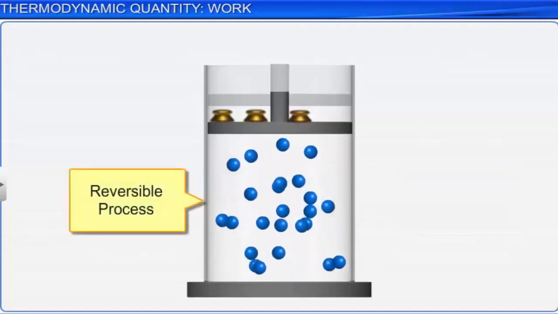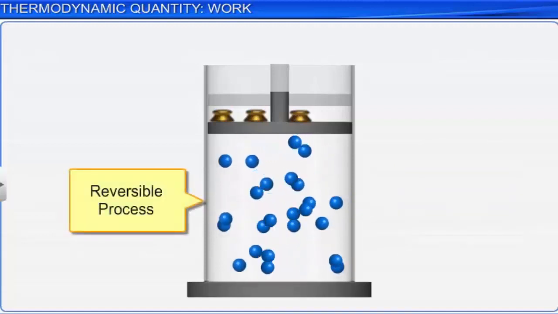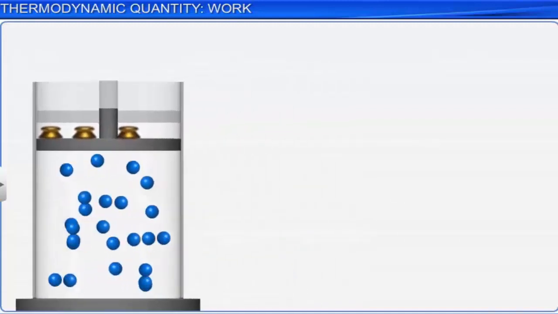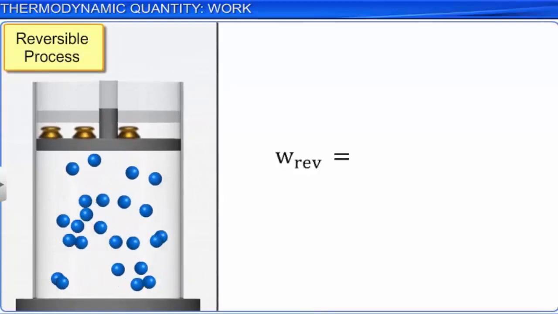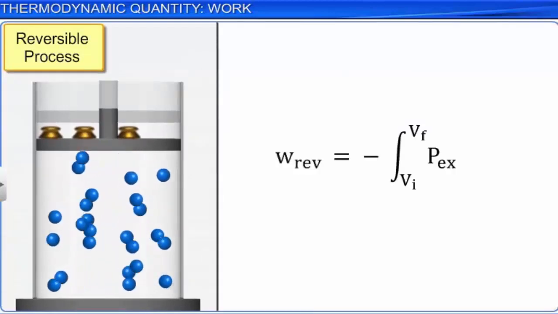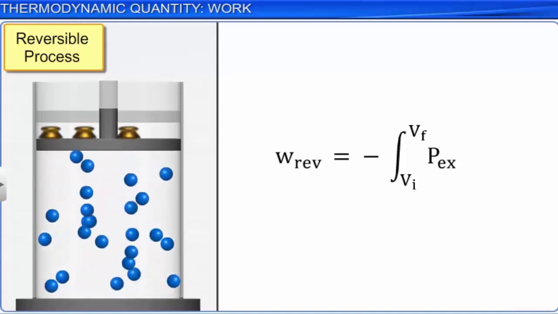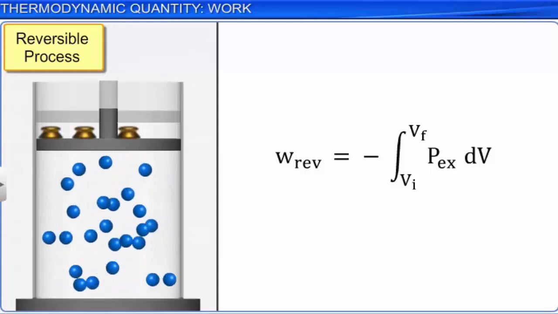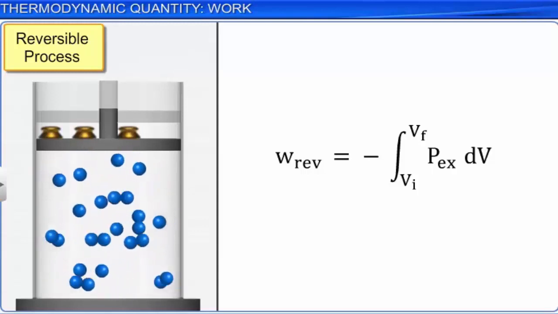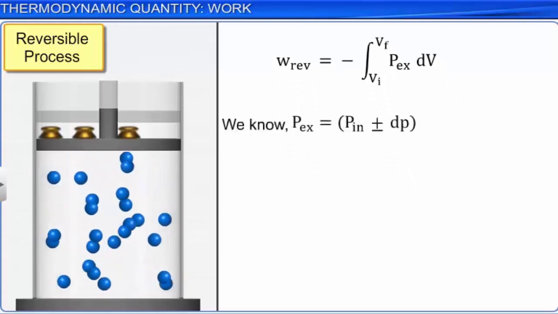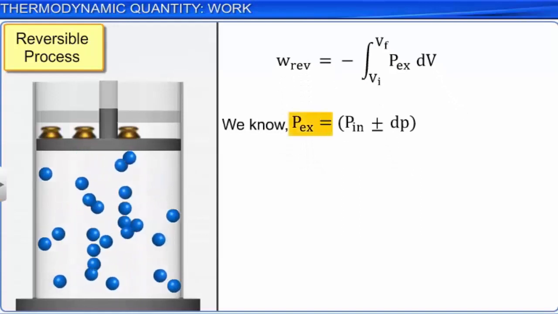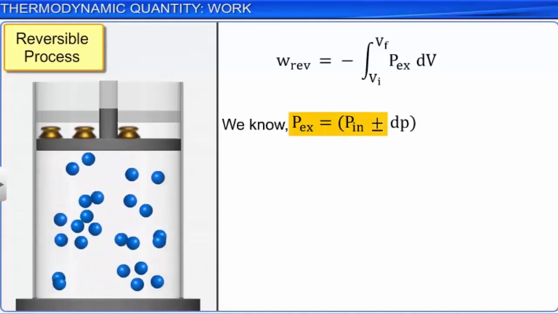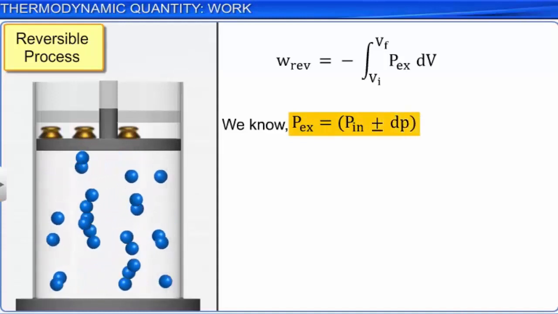Under reversible conditions, the relationship between work and internal pressure is written as reversible work equals minus integral of external pressure PEX with respect to infinitesimal change in volume dV. We know that external pressure PEX equals internal pressure P in plus or minus infinitesimal change in pressure of the system dP.